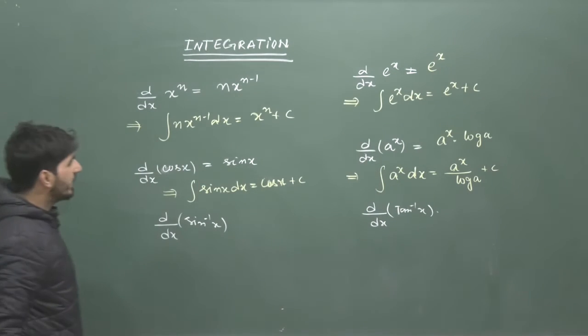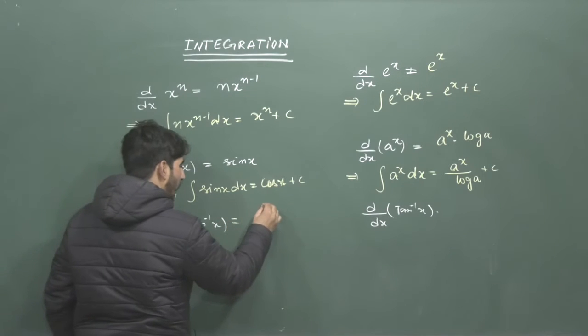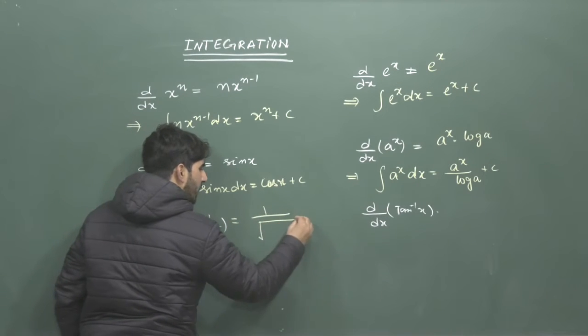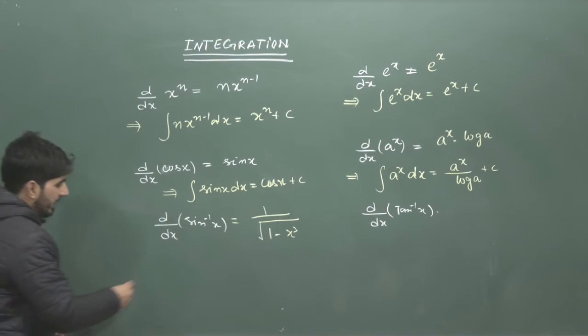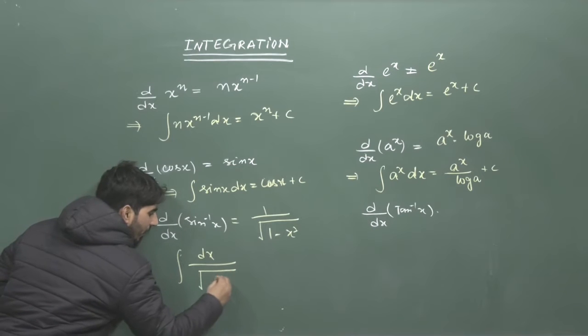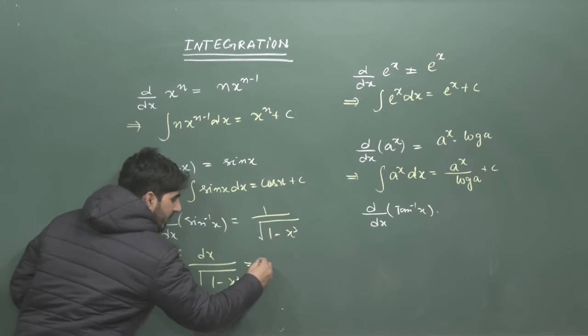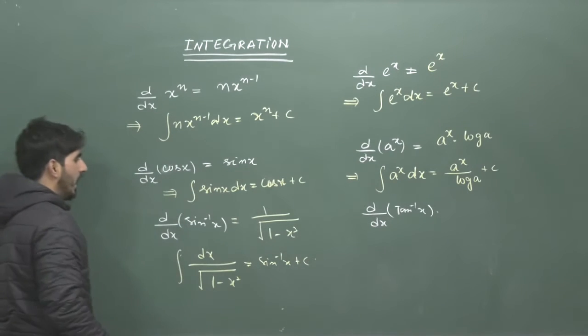And also we know that differentiation of sine inverse of x is 1 divided by square root of 1 minus x square. So we can say here integration of dx divided by root over 1 minus x square is sine inverse of x plus c.